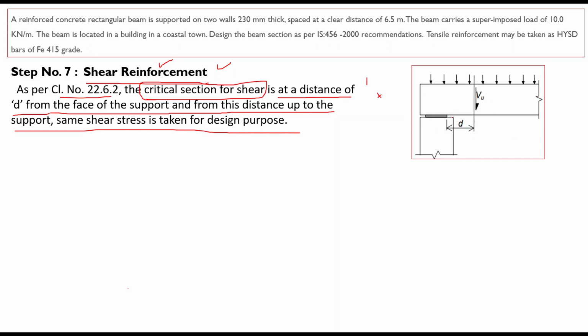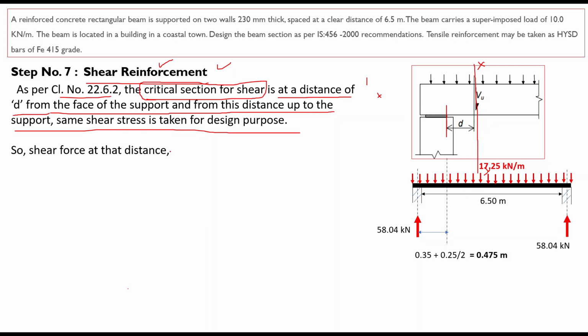This is the face of the support, and at a distance equal to the effective depth of the beam, we have to take a section. This will be the section, and it will be known as the critical section. At this critical section you have to find out the shear force, and based on that shear force you will be able to find out the shear stress. So this is the shear force at a distance d from the support.